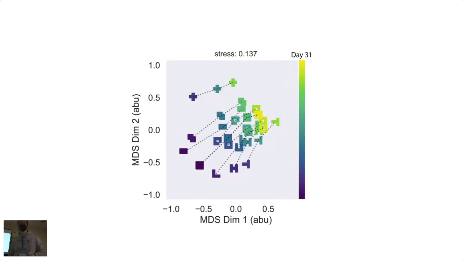There's a bug. But I've applied non-metric MDS to embed one of these matrices in 2 dimensions, so you can see what the representation sort of looks like. And I've color-coded the day. So the darker blue is the first day of recording, and then the bright yellow is the last day of recording.